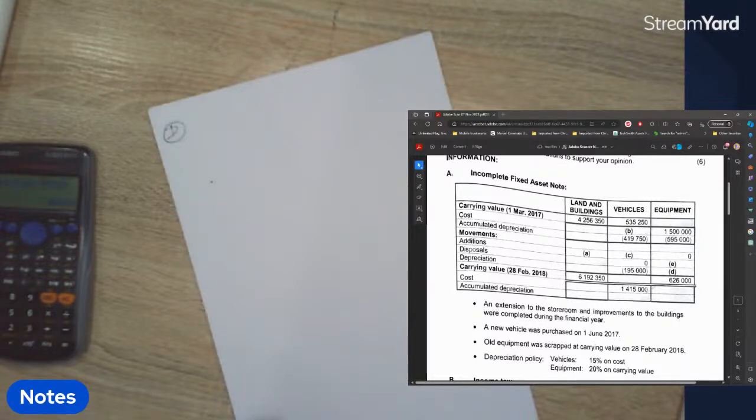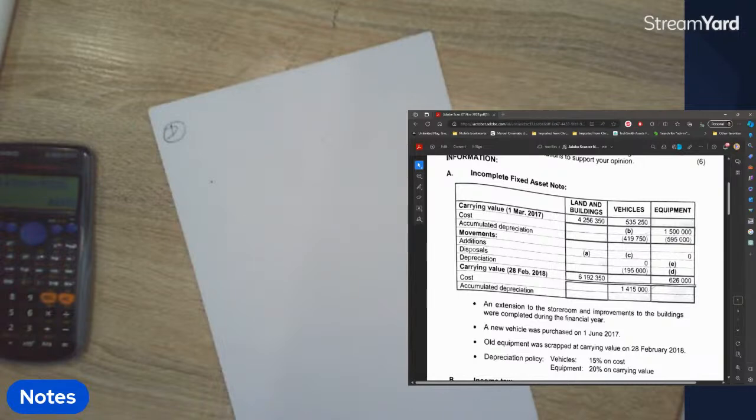D is depreciation on the movements, which means during the year. Remember, at the beginning of the year, during the year, the end of the year. It's depreciation there. Here we have no addition and no disposal. So let's go and calculate that depreciation.